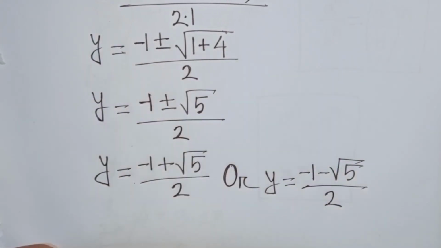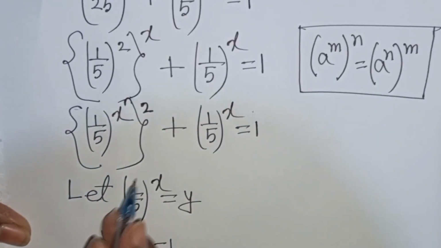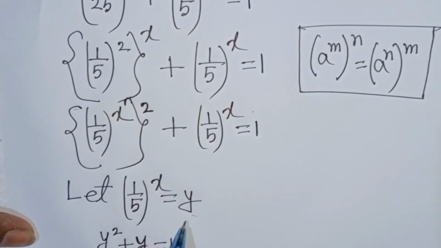But remember that we let 1 by 5 bracket power x be substituted by y.